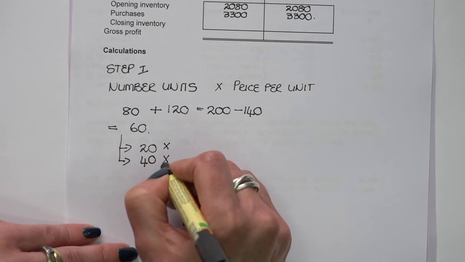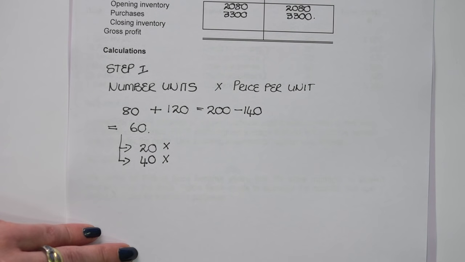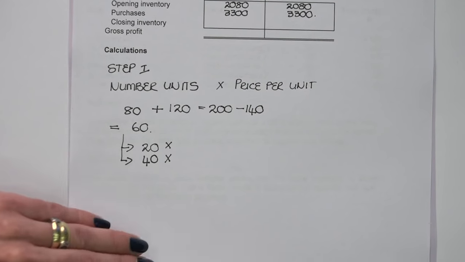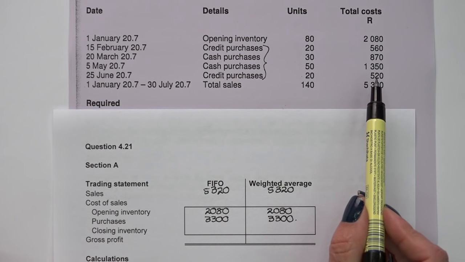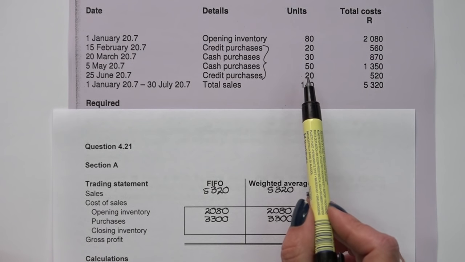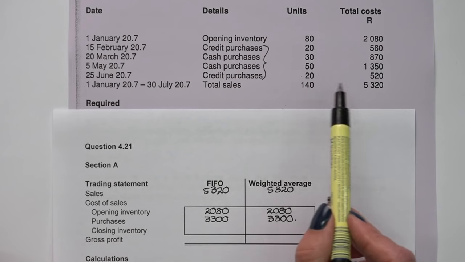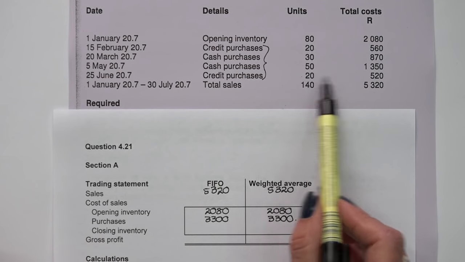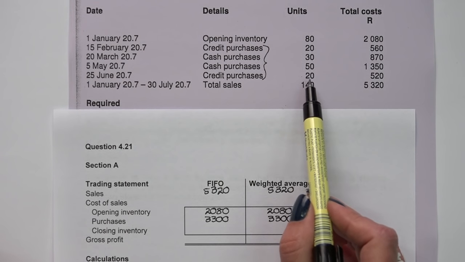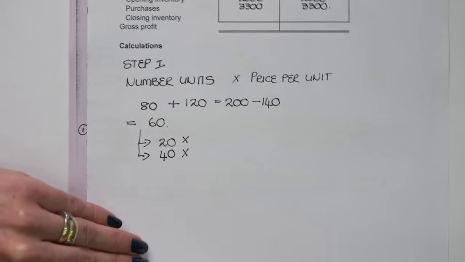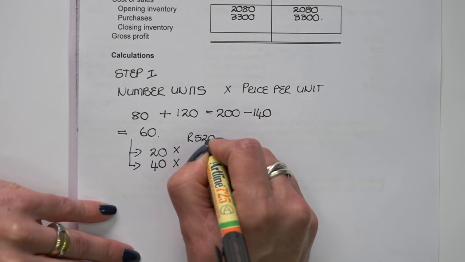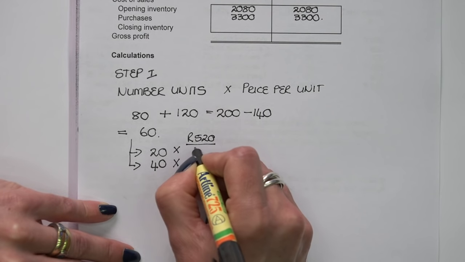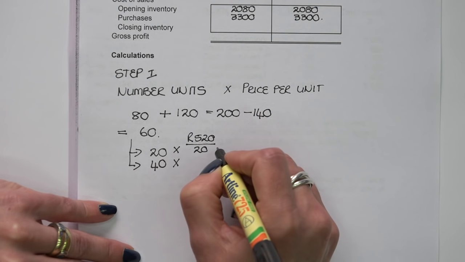Each of these will now have to be multiplied with a price per unit, and the price per unit, if you take your total cost divided by total number of units, gives you a price for one of those units. So for the last batch, to get to the price per unit, I take the total price of 520 and I divide it by the total number of units.